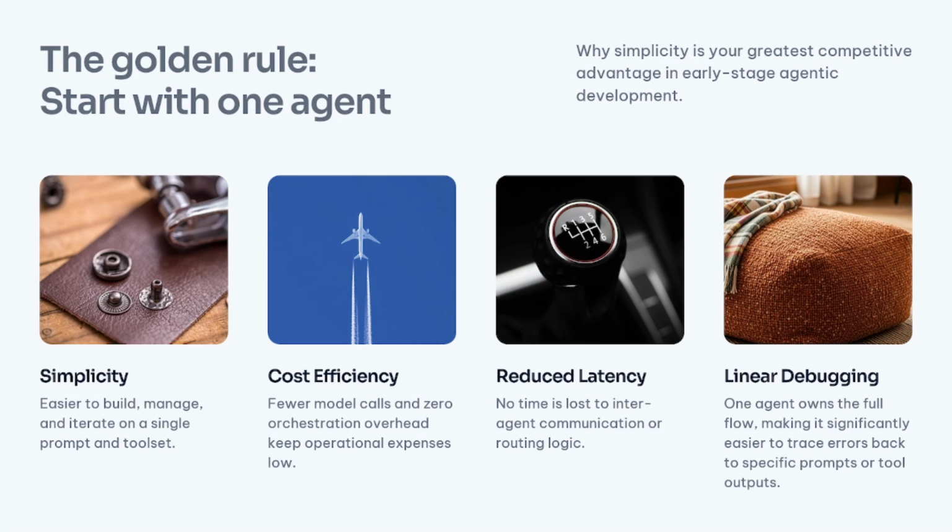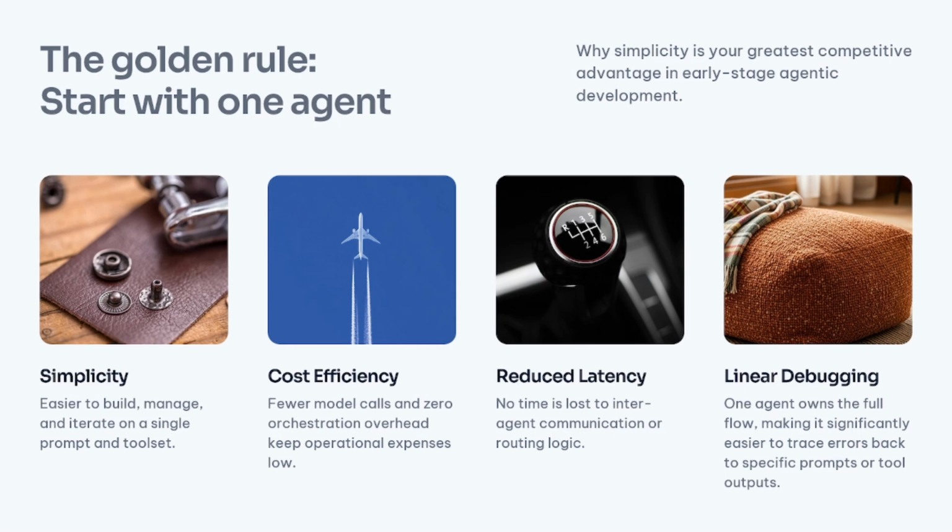The golden rule: start with one agent. Before you build an agent, you must have a problem that you want to solve. So you move from problem to designing. From business requirements or business problem, turn the business objective into a technical objective.